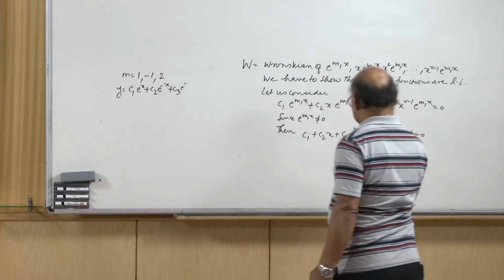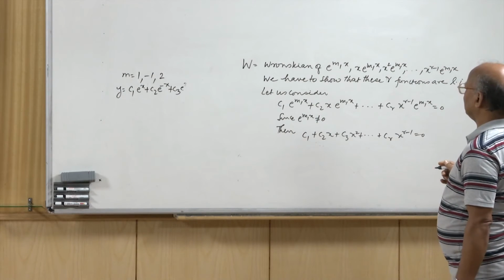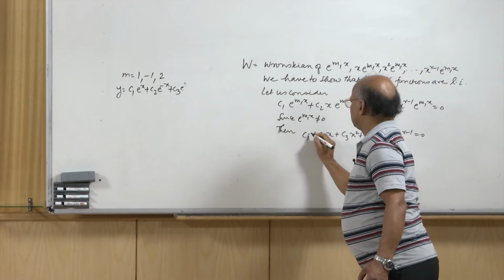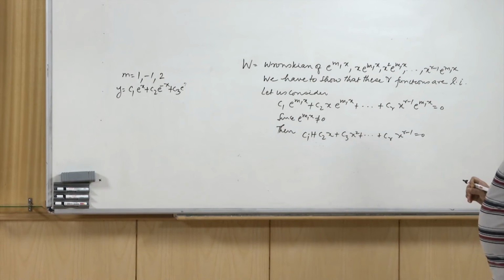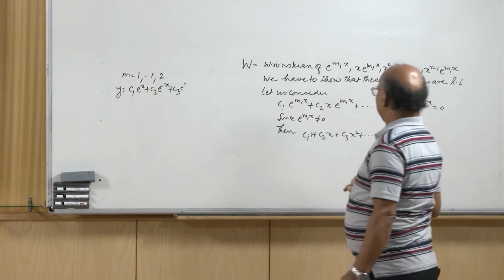In other words, we have to show that the functions 1, x, x square, up to x to the power r minus 1 are linearly independent.